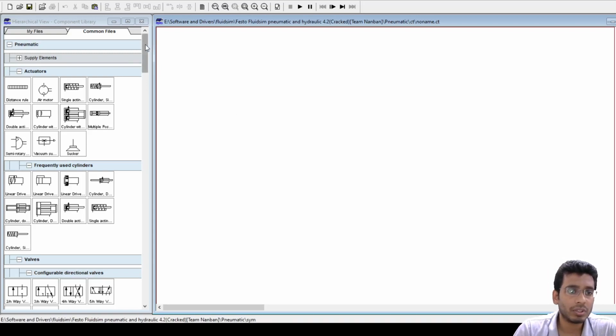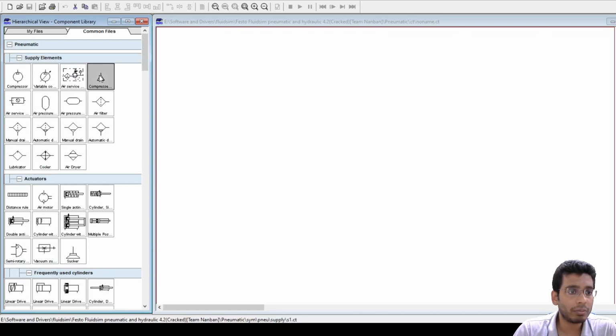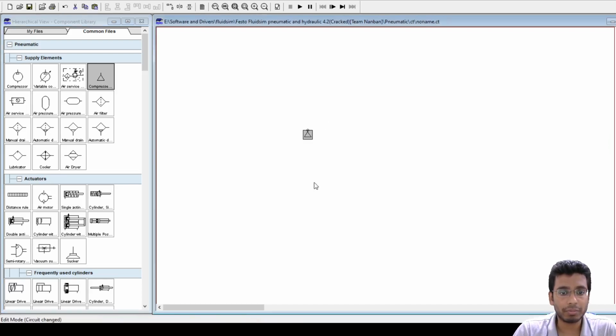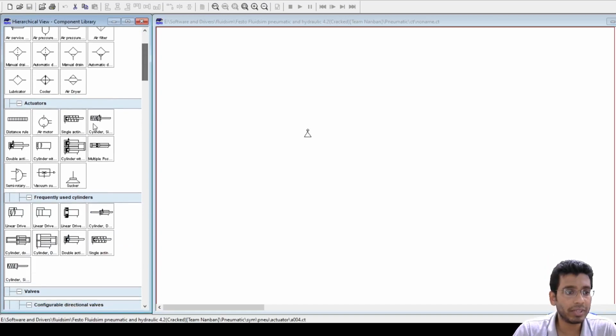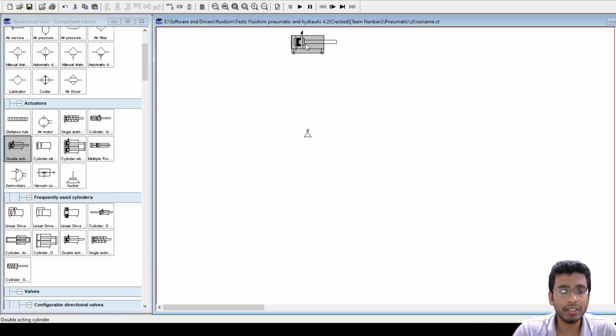So first, to make a pneumatic circuit, we'll be taking a compressed air, and then we'll be taking a double acting cylinder. Fine. And what else we'll be taking here? If it is an electro-pneumatic circuit, and for that we are making the pneumatic portion.